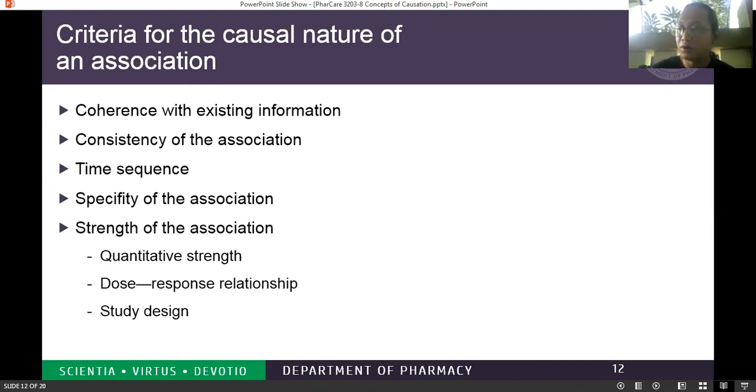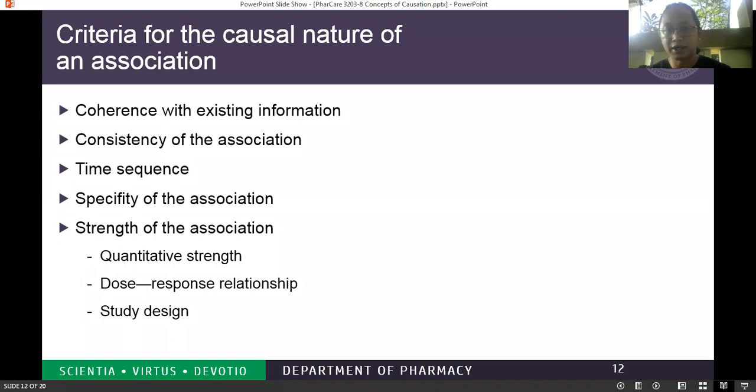And then in terms of the use of drugs, we can use the dose response relationship, meaning that there is a strong relation between the effect and the level of dose that we use in the research.